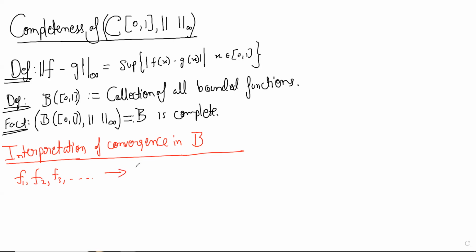Let's say that it converges to F, obviously in B, so everything is happening in B. What this is saying is that Fn converges to F. That's what you usually call uniformly converging.